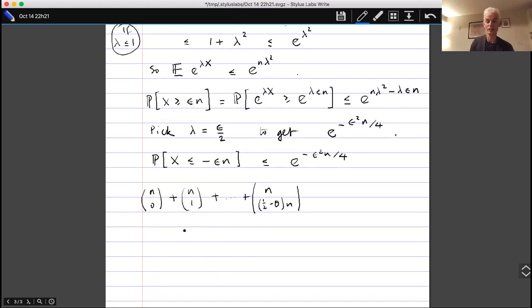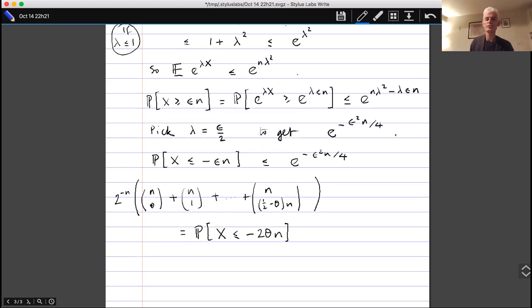That is exactly the probability that this random variable x is less than or equal to minus 2 theta n. Sorry, I need to say that what I just said was rubbish, but if I put a 2 to the minus n in front, it becomes non-rubbish.